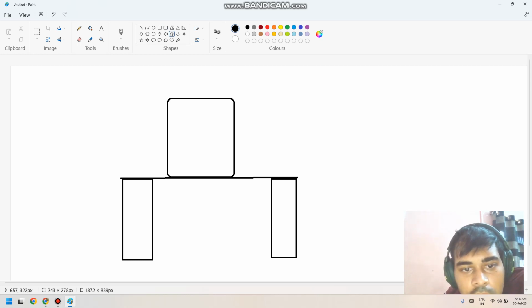Now there will be a force acting on this block by this table, and there will be a force of gravity acting on it. Mainly two forces are acting.